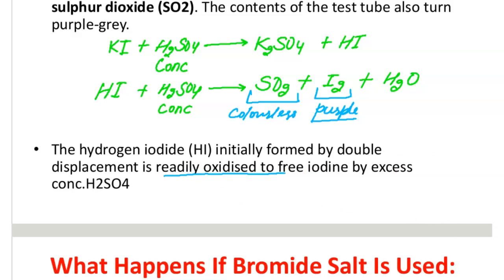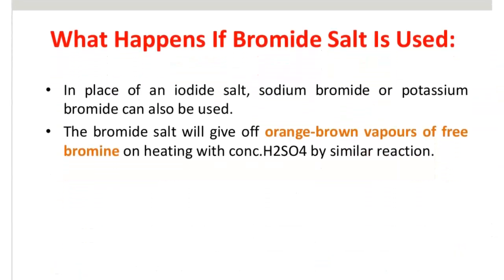Okay, now let's discuss what happens if a bromide salt is used. Previously we used an iodide salt, now we'll be using a bromide salt. In the case of a bromide salt, we can again take sodium bromide or potassium bromide.